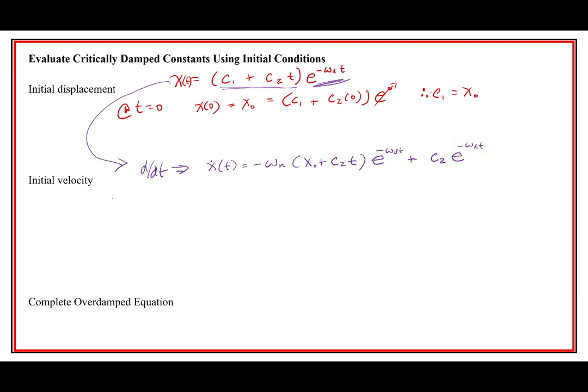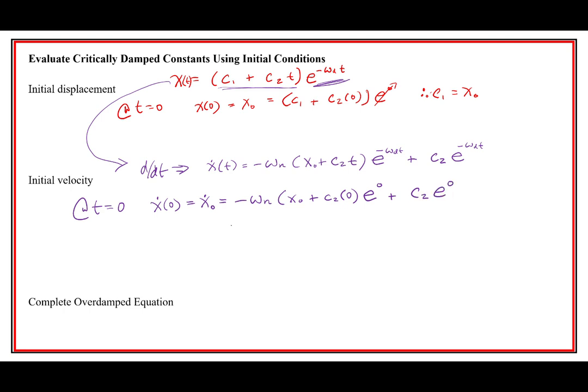All right, so now say at t equals 0, right? That's the velocity of this, and so we'll go x dot of 0. The initial velocity is going to be equal to negative omega n x naught plus c2 times 0 times e to the 0 plus c2 e to the 0.